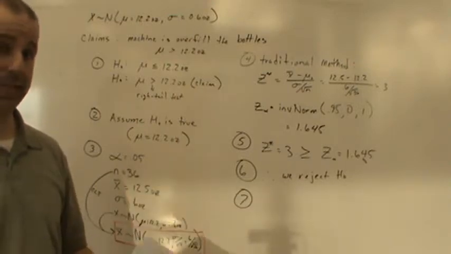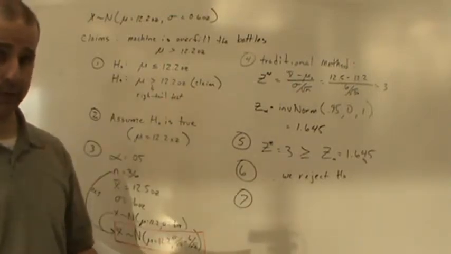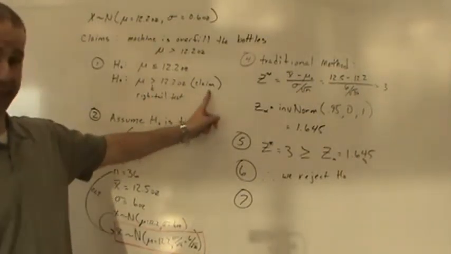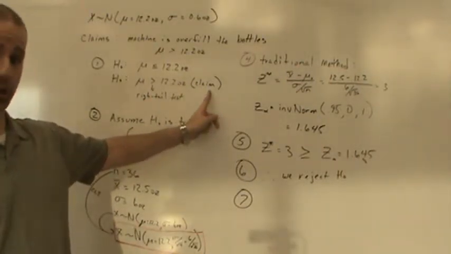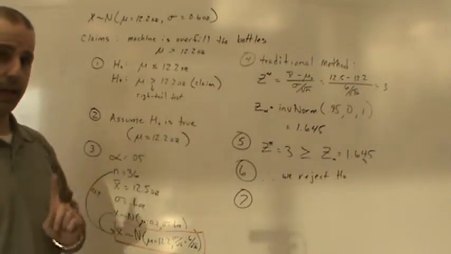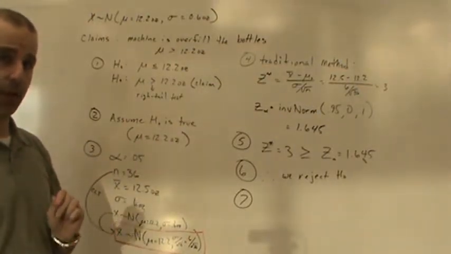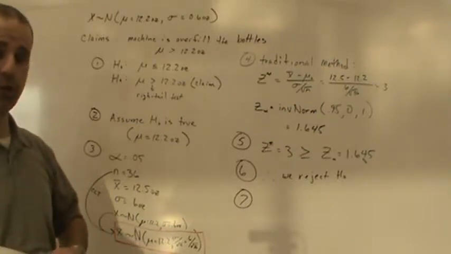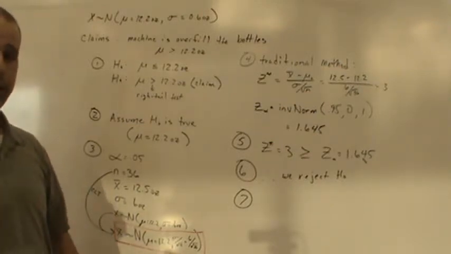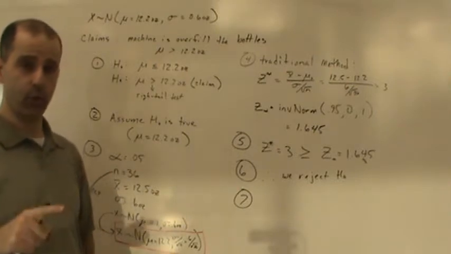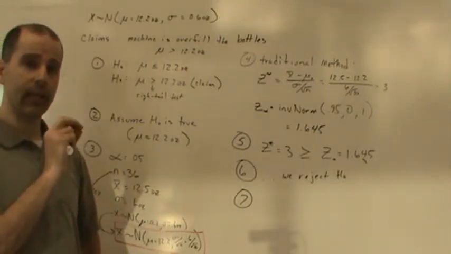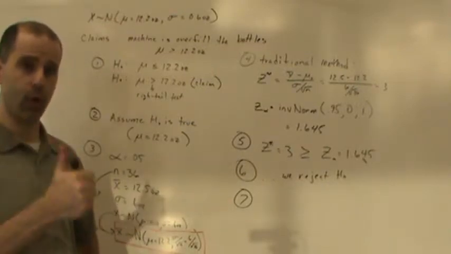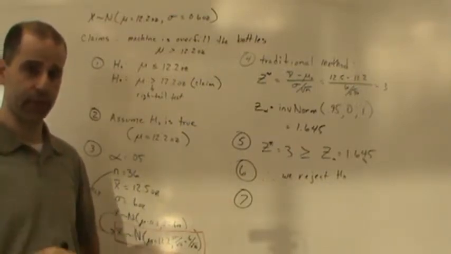Okay, and I'm going to tell you exactly how I would phrase it. Now, the first thing to notice is the claim is the alternative hypothesis. If the claim is the alternative hypothesis, you're either going to have one of these 2 conclusions, nothing else.